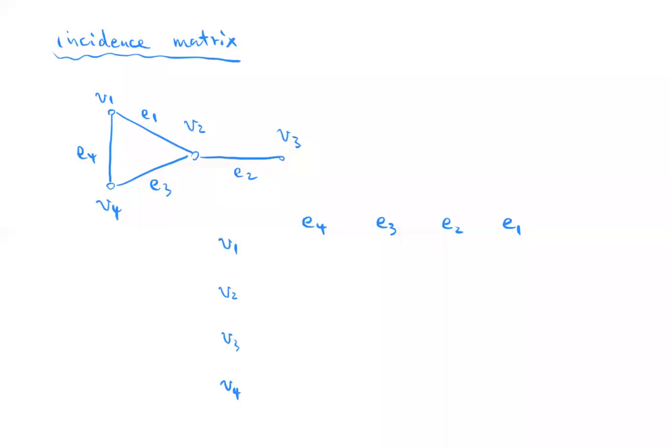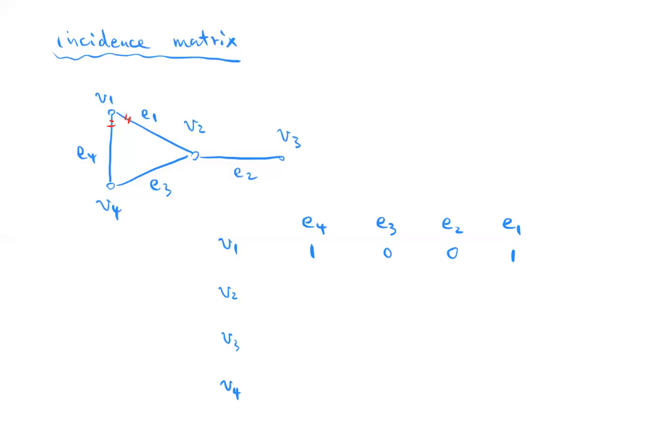All right. Now, if a vertex is incident with an edge, we put 1 there. Otherwise, it will be 0. So it will be 1, 1, 2, 3. So these two are 0. So vertex 1 is incident with these two edges. In terms of vertex cover, it covers these two edges.